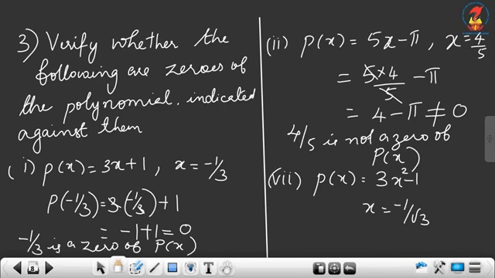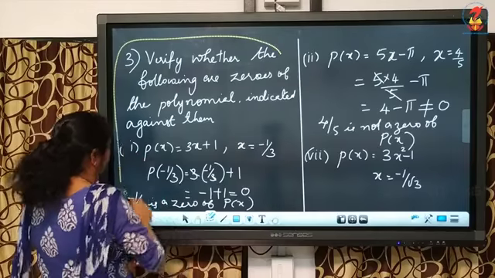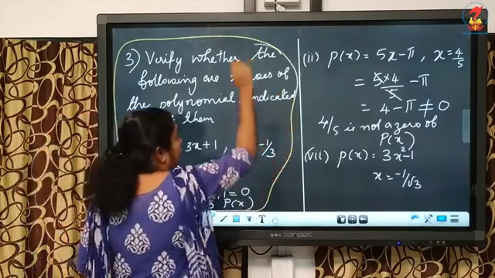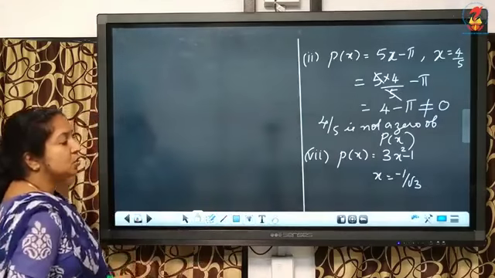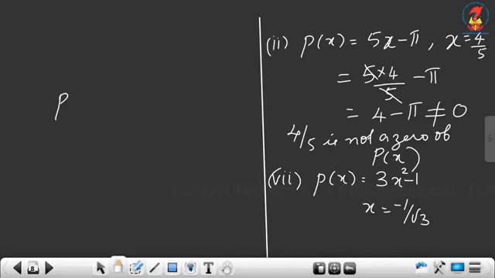Then 7th question. P of x is equal to 3x square minus 1. We have to check whether this is a 0.